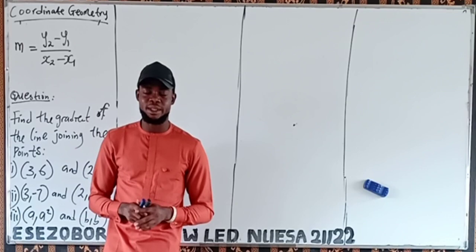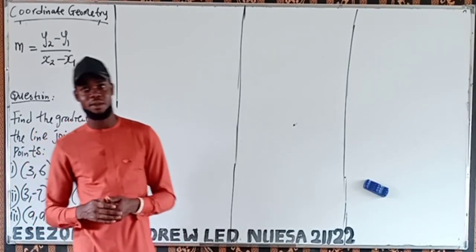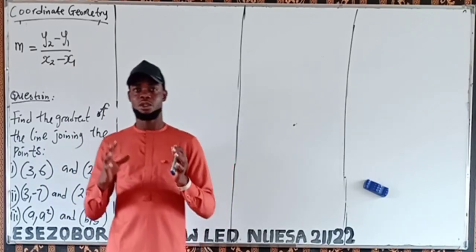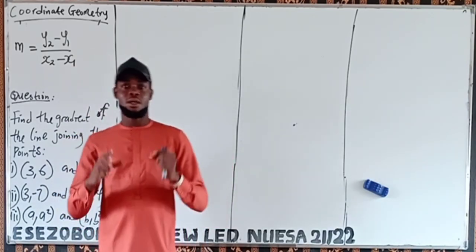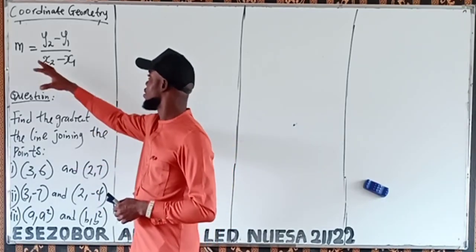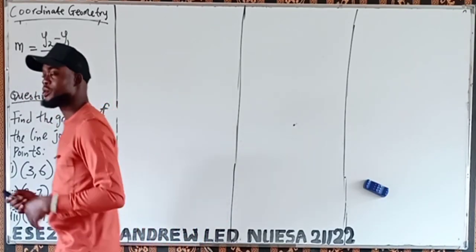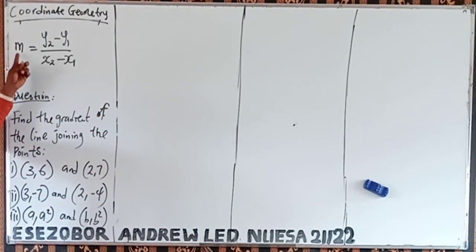Now, to get the gradient of a line joining 2 points, how do we get the gradient of a particular straight line joining 2 points? The first thing is for you to know this model. Now, n, I already showed you from the equation of a straight line, this n denotes the gradient. Then you have y2 minus y1 all over x2 minus x1.